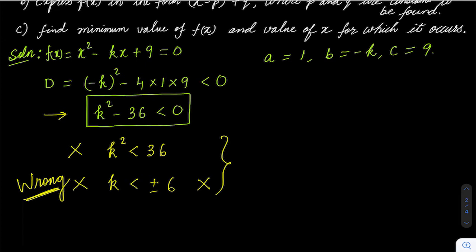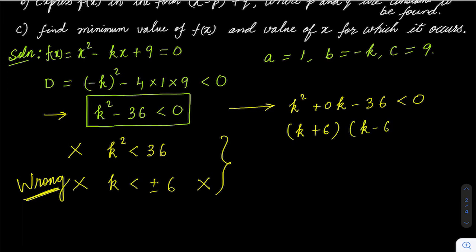This is k square plus 0k minus 36 less than 0. Now try to make factors. I have seen students very quickly make the factors. The sum should be 0, right? So plus 6 and minus 6. So (k plus 6)(k minus 6) less than 0.